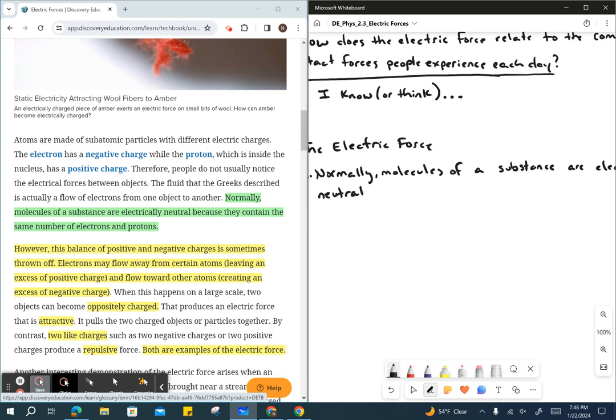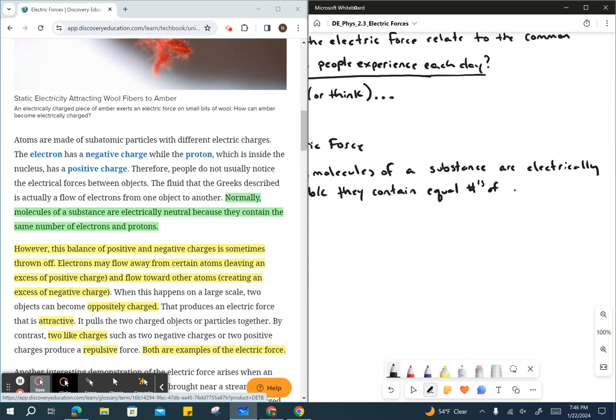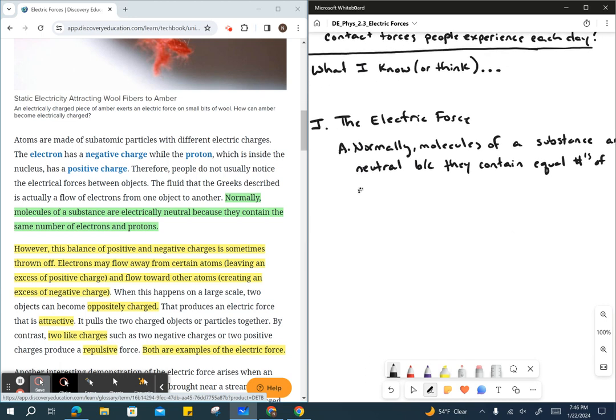They're being very specific here because they contain equal numbers of positively charged protons, right? Protons have a positive charge, and electrons, which have a negative charge.